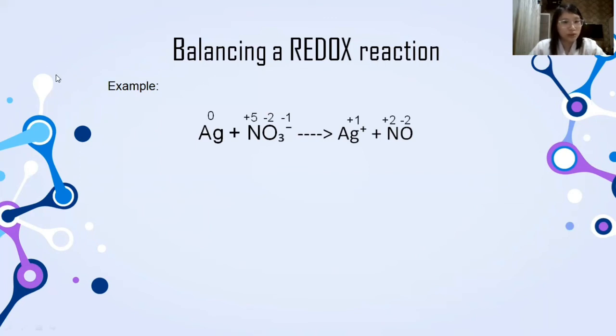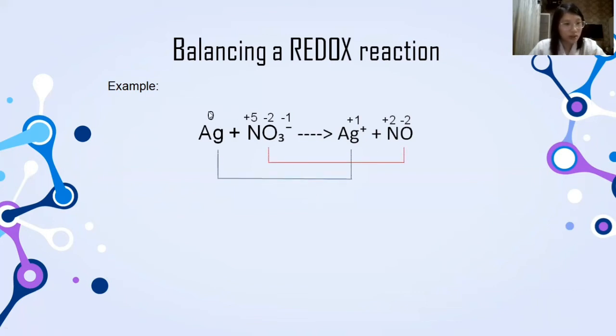Silver here will have 0 charge because it's a free element, and nitrate ion here will have a total charge of -1. So since oxygen here will be -2, the charge of nitrogen will be +5. Silver ion here will have a charge of +1, and nitrogen in nitric oxide will have a charge of +2, and oxygen will be -2.